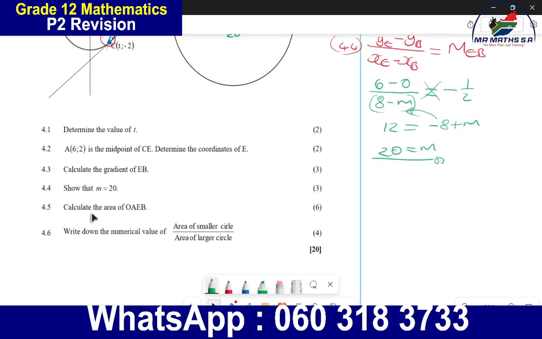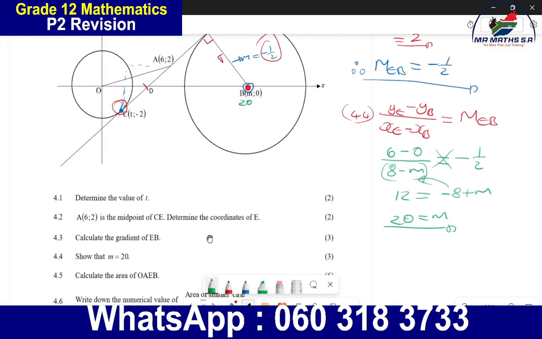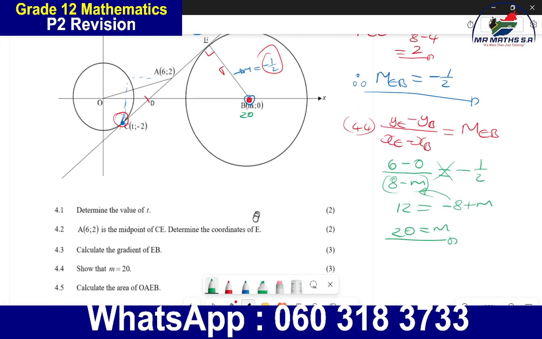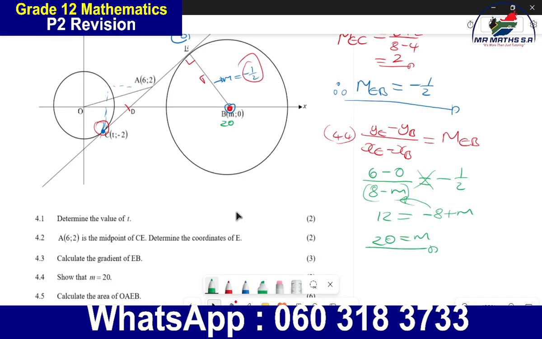Bazothi ke ngoku calculate the area of OAEB. OAEB, mafuneka simjongile OAEB, kuthethwa ngeyiphi? I believe we all got that one right as well, ne? Lega 20.